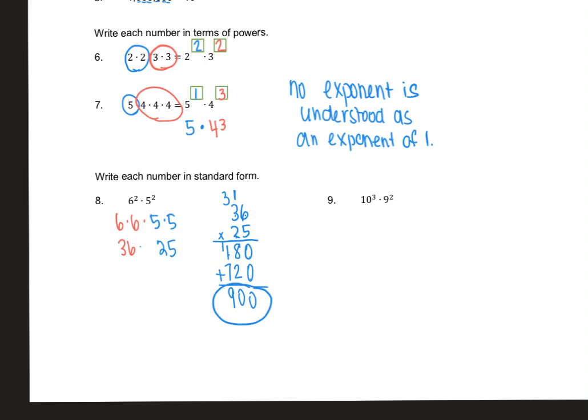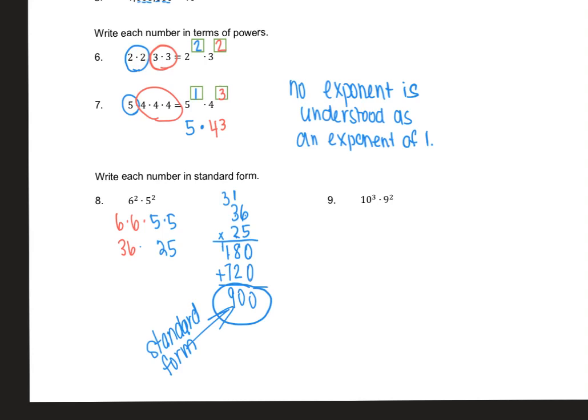So 900 is a number in standard form. Remember, standard form is just a number as we know it. Nothing fancy. Not a number written out in words, not a number in expanded form, just a regular old number. Okay?